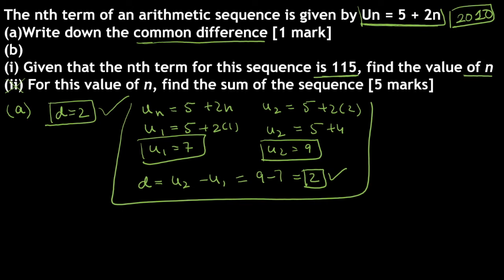Now let's look at part B. Given that the value of the nth term of the sequence is 115, find the value of n, right? So they're saying un, some value of n gives us 115. And we have to find n.